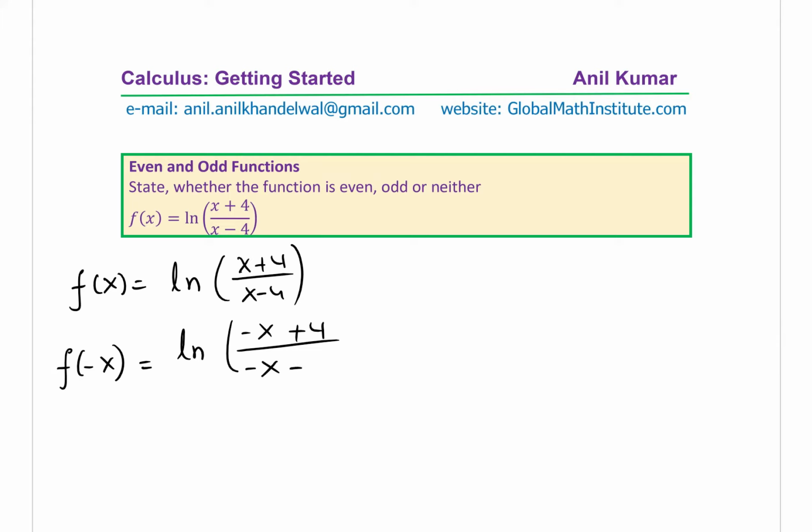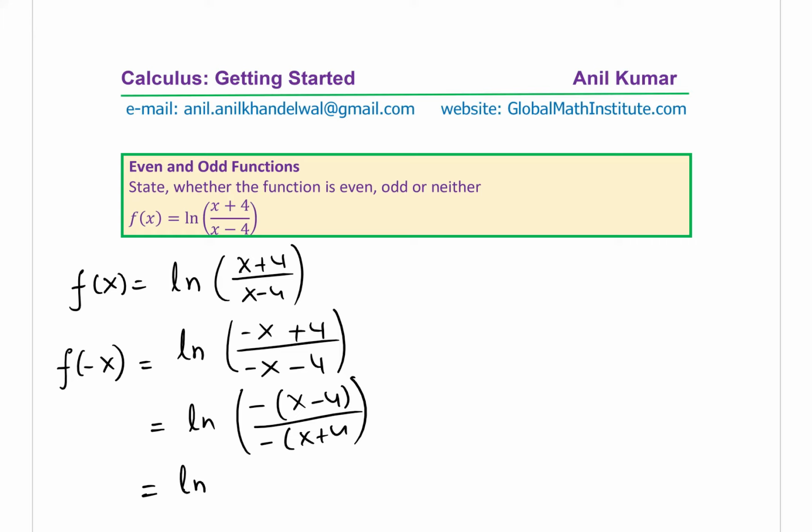We get this as shown here. Now we can take minus common. So if I take minus common, in the numerator we get x minus 4, and in the denominator we get x plus 4. Minus minus cancels, so what we get now is x minus 4 over x plus 4. Correct? That is what we get.